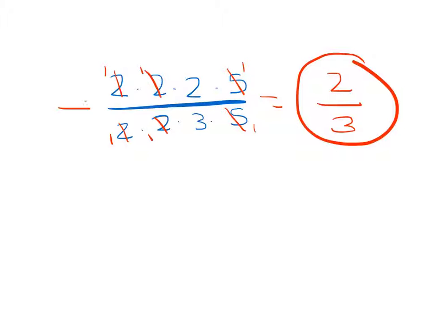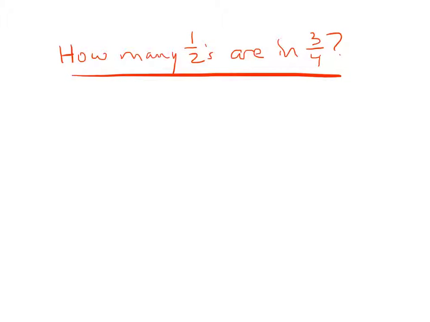So remember that that is a division bar, but we're able to cancel some of those out. All right, in example 2 here, they ask the question, how many halves are in 3/4? When we see a question like that, what we need to really remember is that these two numbers, 3/4 and 1/2, are going to switch. So that's like saying 3/4 over 1/2.